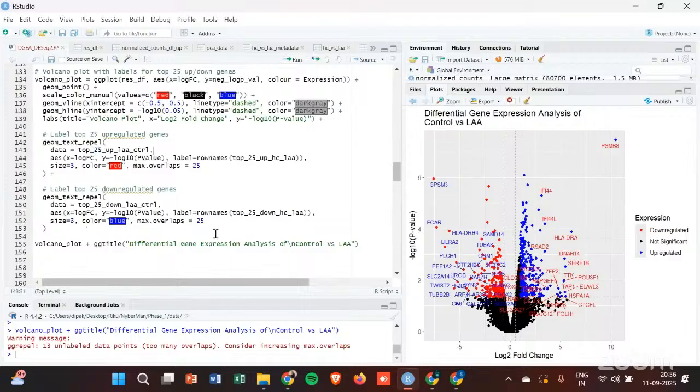This has nothing to do with the fact that we have 25 genes. I think the default is 25. That is why I put 25 here. I took all of these parameters from the documentation. So the default is 25.